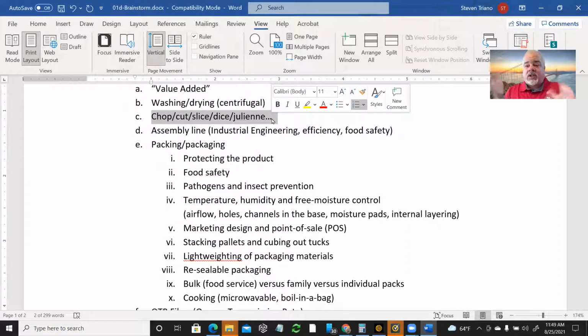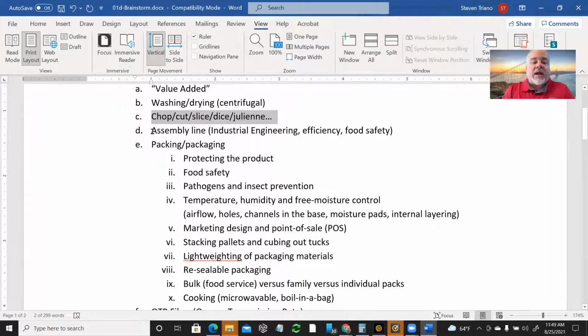A lot of technology in slicers, dicers, choppers, shredders, peelers, de-seeders, you name it. You have to do so many different things in order to get the product out of the field and then get it into a form that you want the consumer to see on their plate or on their fork.